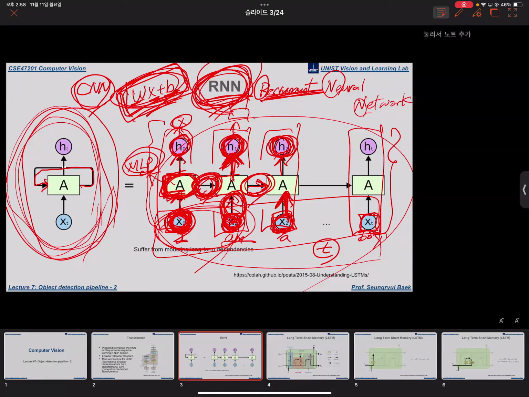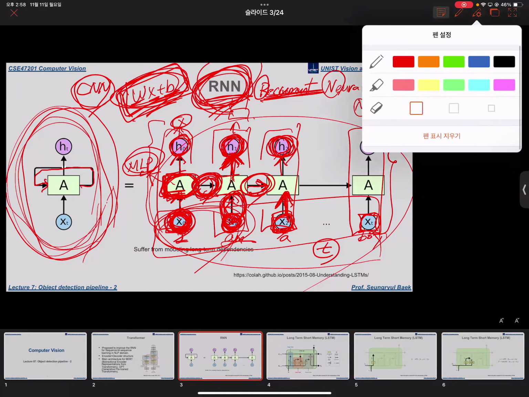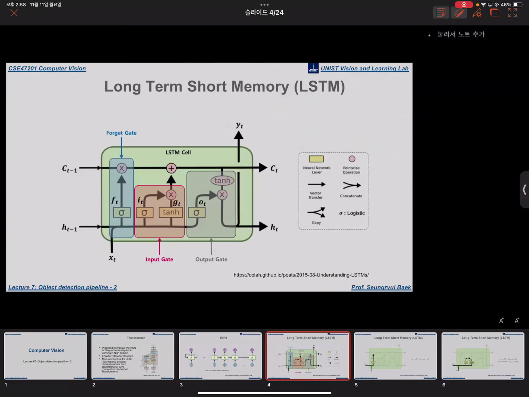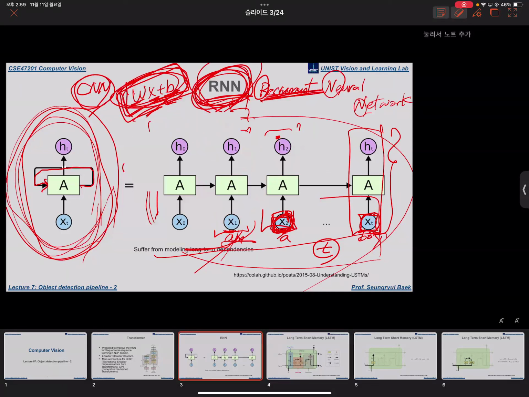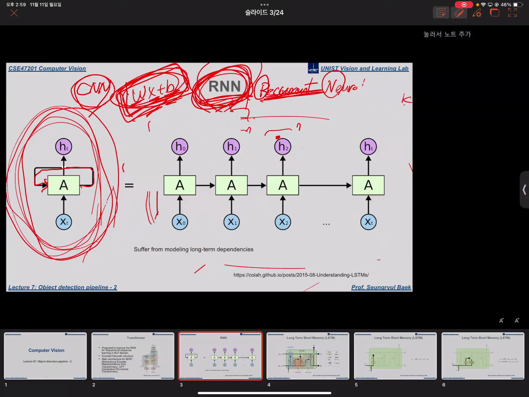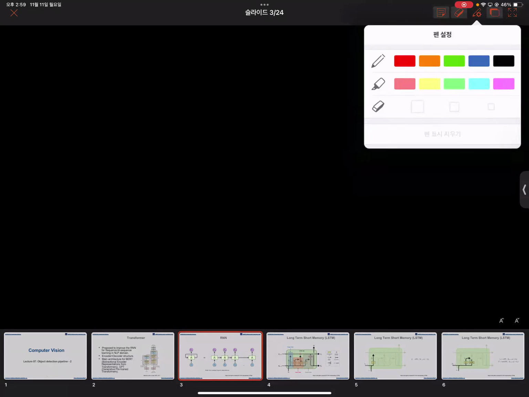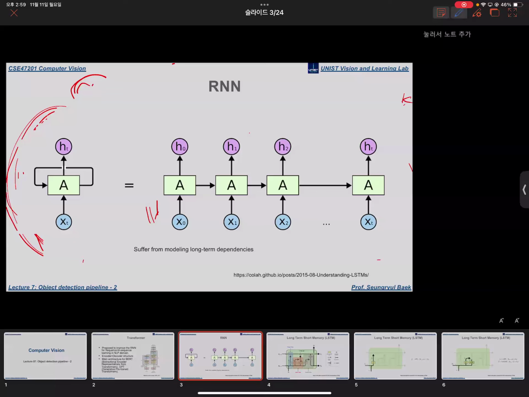But there are very critical weaknesses in this kind of RNN structure. Let's say we don't know the length of the sentence, and it could vary according to the data.